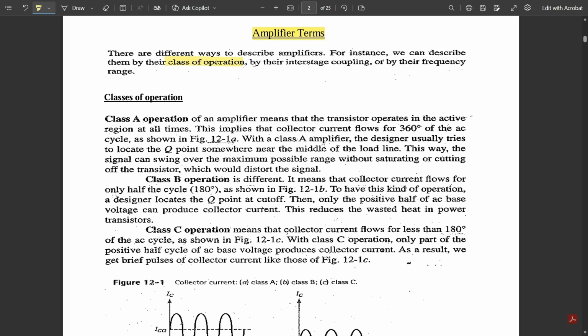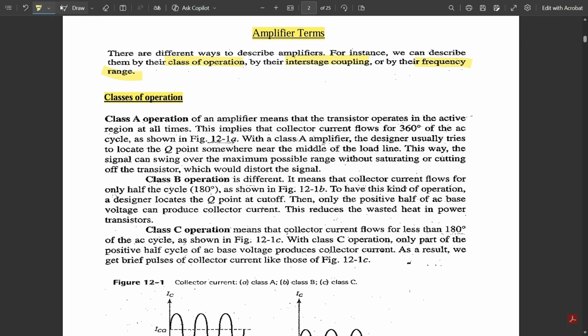That's why it is divided into classes of operation, by their interstage coupling or by their frequency range. For each class we have a range of frequencies through which the amplifiers would be working, so separate classes of operation are defined.